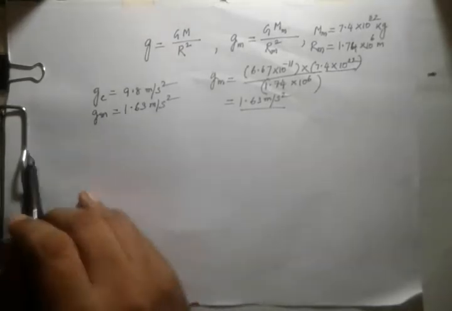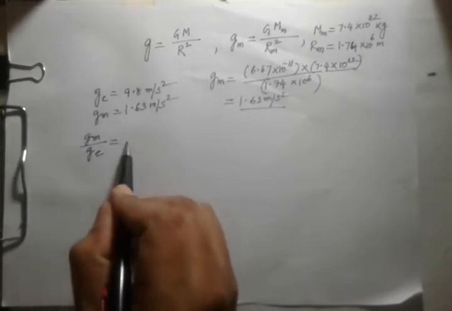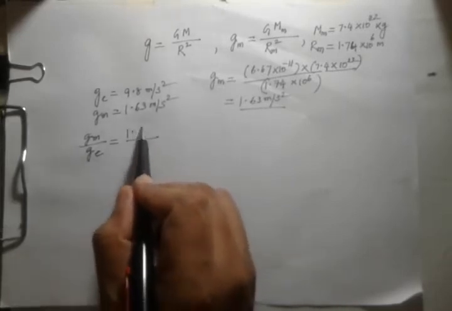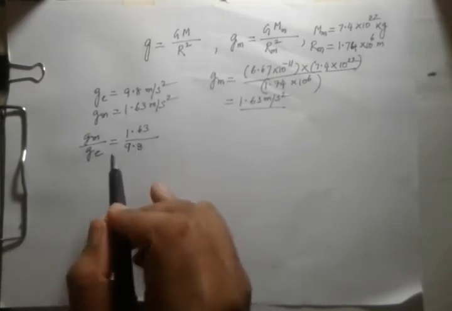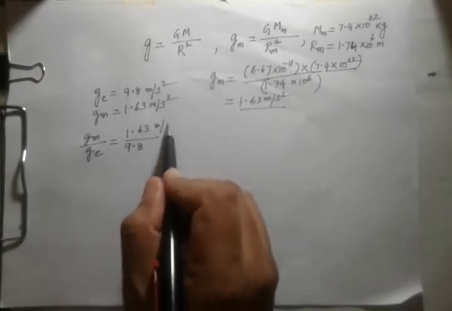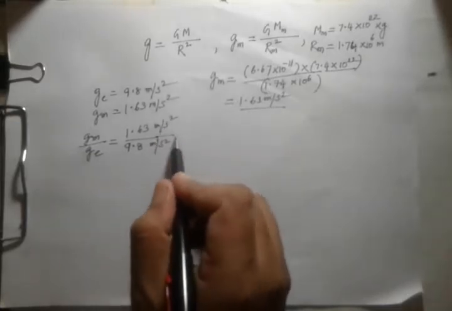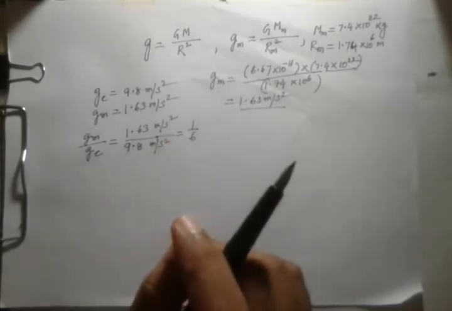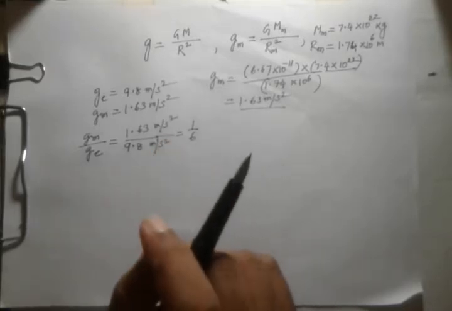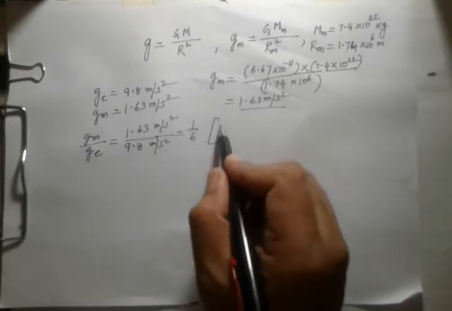So if you compare this one, you will write g_m by g_e is 1.63 divided by 9.8, meter per second square in both. So these two things will get cancelled, and it will come 1 by 6. So from here we can conclude that the acceleration due to gravity of the moon is 1 by 6th that of the earth.